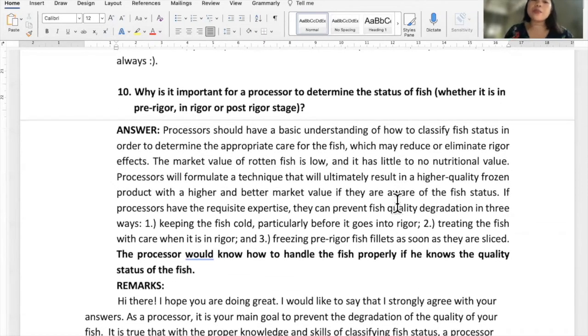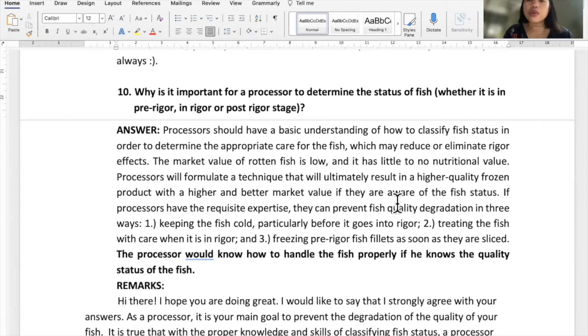Next is, why is it important for a processor to determine the status of the fish? So yun yung briefly sinabi ko kanina, that it is important for the processor to know the status of the fish because if it's in pre-rigor state, alam niya na talagang kakamatay lang ng fish and it's still very, very fresh. If it's in a rigor state, the processor knows that it should be placed in a cold or frozen condition or chilled condition in order to maintain its good quality.